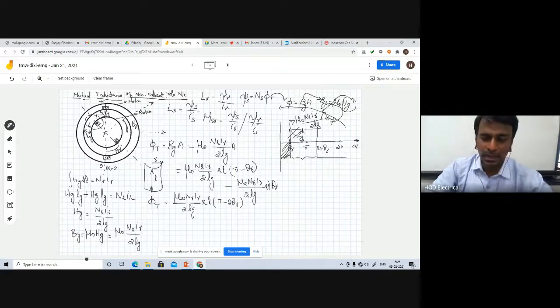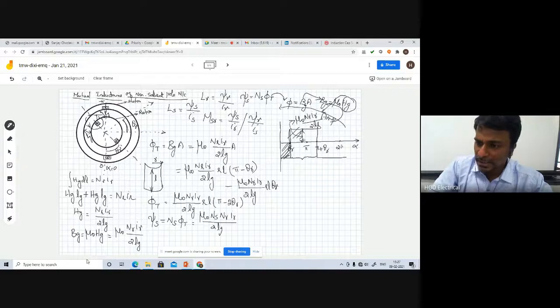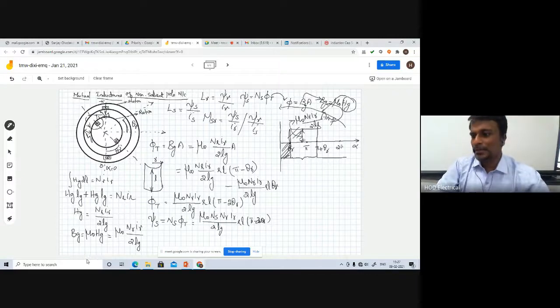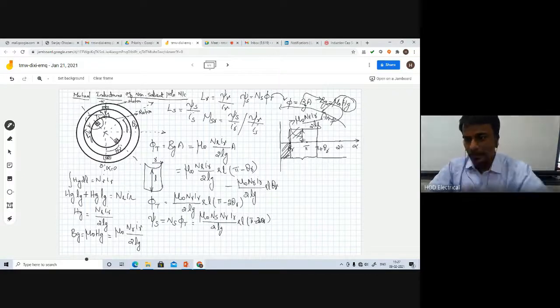Pi minus 2 theta. So the flux linkage of the stator is nothing but the number of turns in the stator times the total flux. So we have mu naught Ns Nr Ir divided by 2Lg into R into L into pi minus 2 theta r.